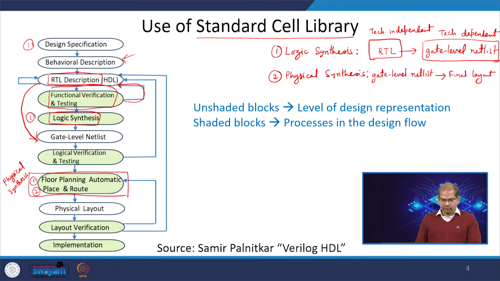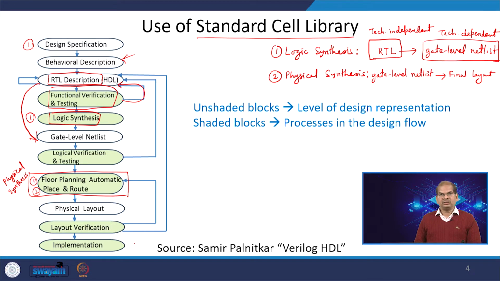Now, we will finally get the physical layout. Once we have the physical layout, we do a layout verification to check whether it adheres to the rules provided by the foundry or not. That is called DRC check, and we also do a layout versus schematic verification. There are several types of checks that we perform.